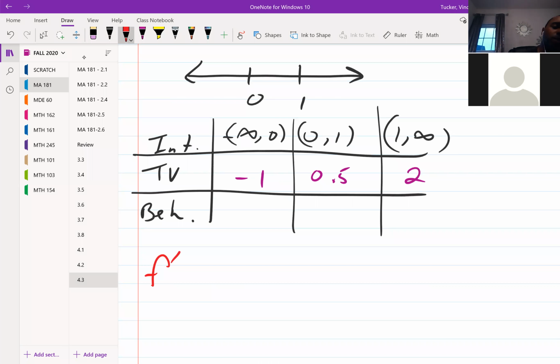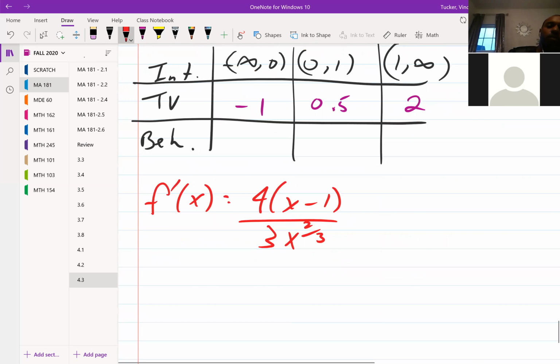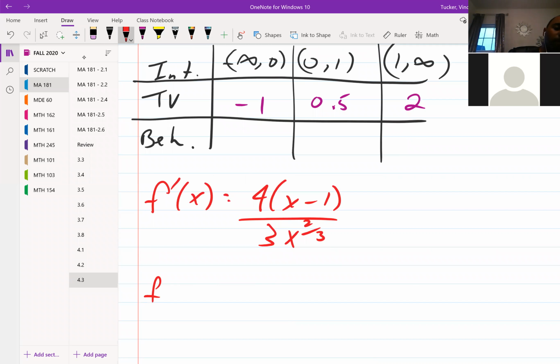So we're plugging it into f prime. F prime is 4x minus 1 over 3x to the 2/3. Plugging in -1.